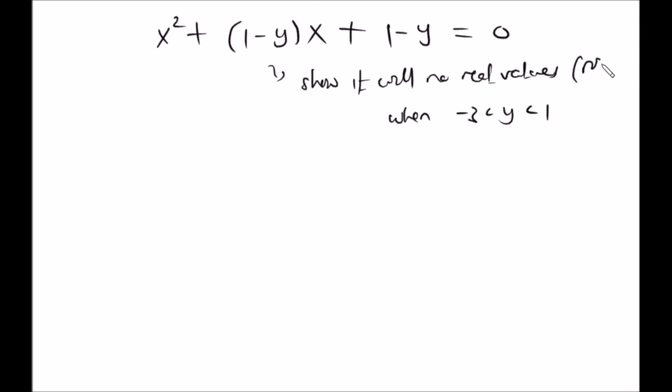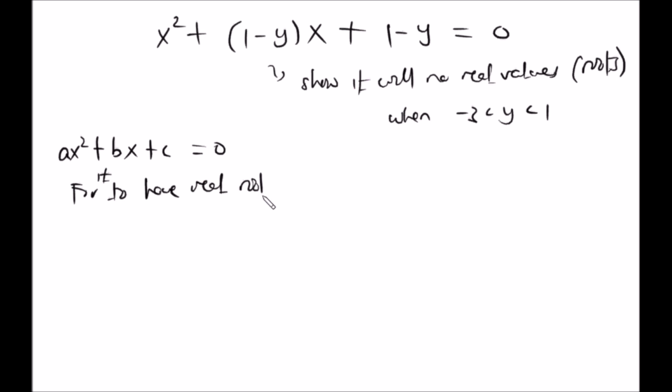Real values hapa anazungumza roots. Yaani roots za hii equation inabidi ziwe real. Sawa? Sasa for a quadratic equation kama hii, si ndio? To have real roots. For it to have real roots. Tumetoka kusema sasa hivi b squared minus 4ac should be greater or equal to 0. Kwenye example 2 tumeshaelezea hii.